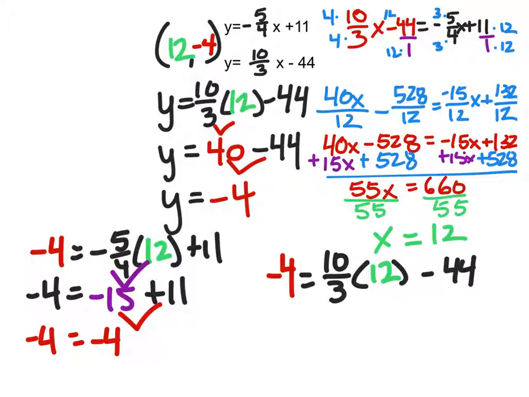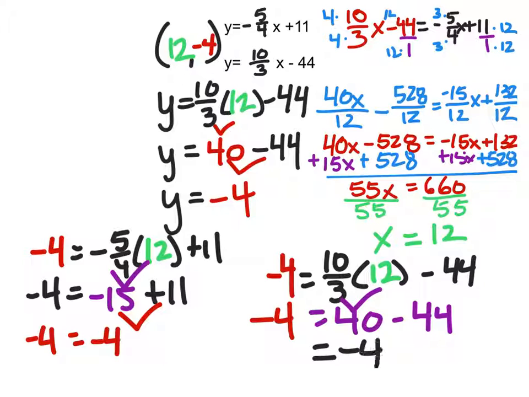This is true. So we'll check the next one. 10/3 times 12 does give us 40 minus 44. This needs to equal this negative 4 here, and it does. Negative 4 does equal negative 4, so we checked off both equations to make sure that the answer actually is this 12, negative 4.